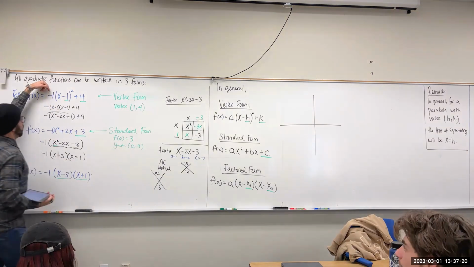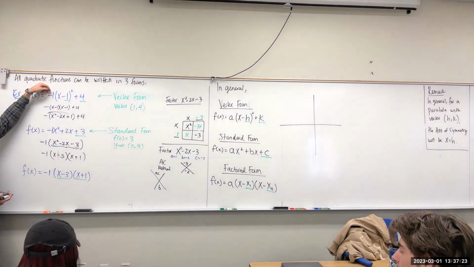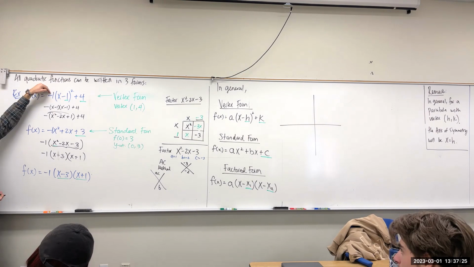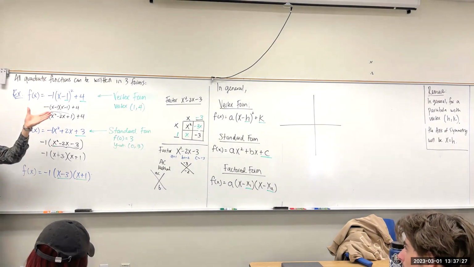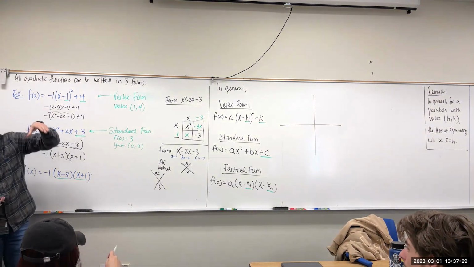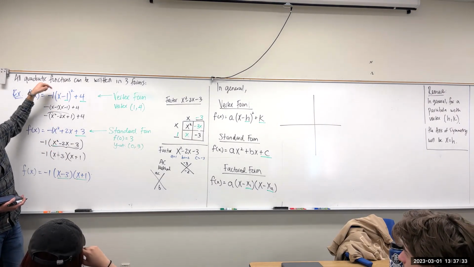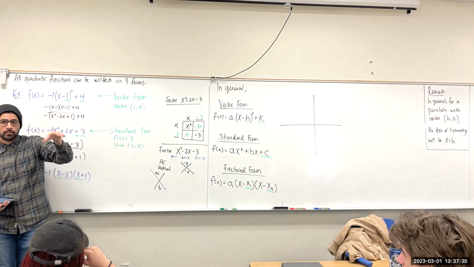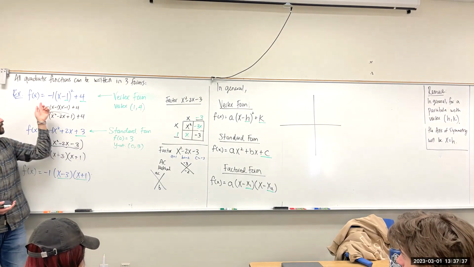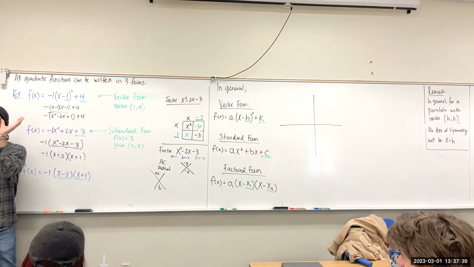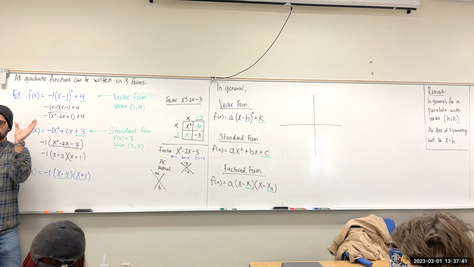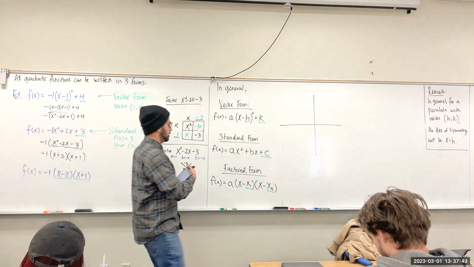Remember when we were graphing the original parabola? This -1 reflected it. That's what forced the parabola to go down. If it's negative, the reflection makes it go down. But if it's positive, no reflection happens, so the parabola is happy and stays smiling. So it opens up, okay?